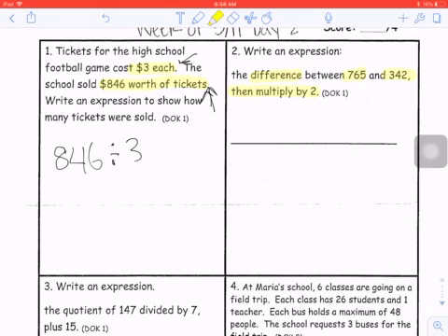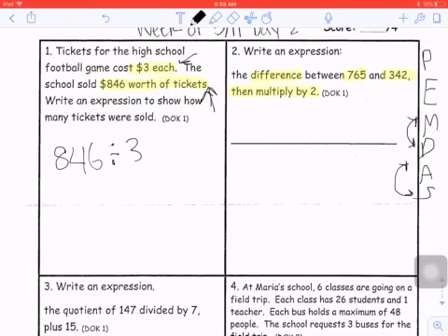So, when I'm looking at these expressions, one of the important things is I always need to keep in mind PEMDAS. Okay, because that's my order of operations. This stands for parentheses, exponents, multiplication and division happen at the same time, and addition and subtraction happen at the same time, okay?